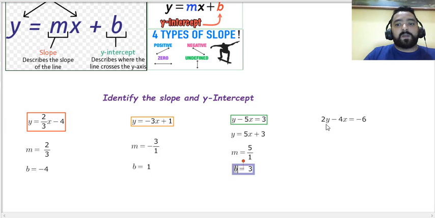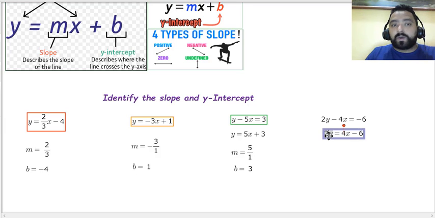In this one, as you can see, we don't have it isolated, so we need to isolate for y. How are you going to do this? First, we copy 2y equals, and this is negative 4x, so we are going to move it as a positive 4x. This is negative 6. We keep negative 6 because we don't use the inverse operation. We only copy it in the same place.